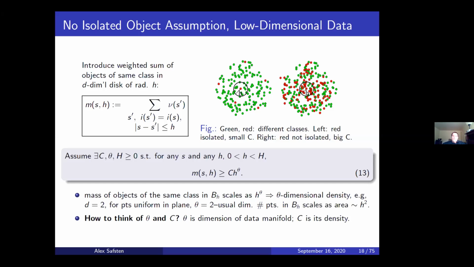This is a reasonable assumption. We wouldn't want to have a training set that has a lot of outliers, that is, isolated objects. And it's reasonable to assume that our data manifold occupies a much lower dimensional manifold than the ambient space where the data lives.